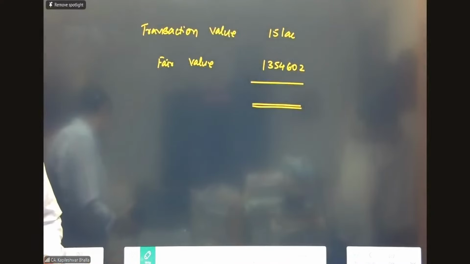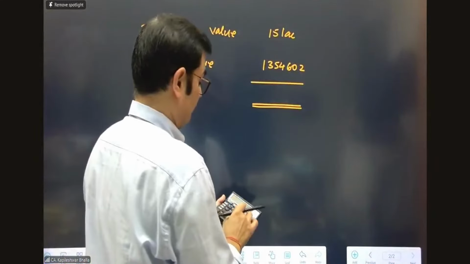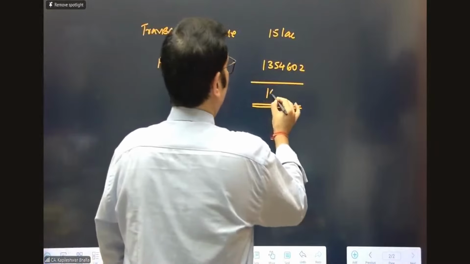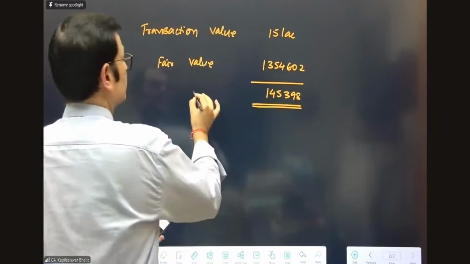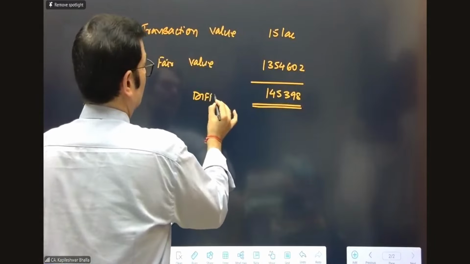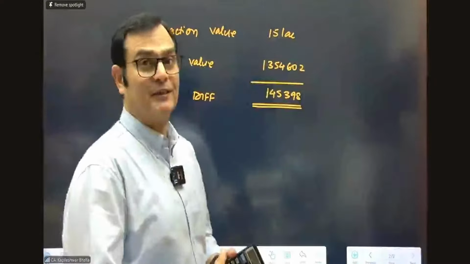This difference is 15 lakhs minus 1354,602, which is 145,398. This is the difference. It's an off-market transaction resulting in a difference in transaction value and fair value.